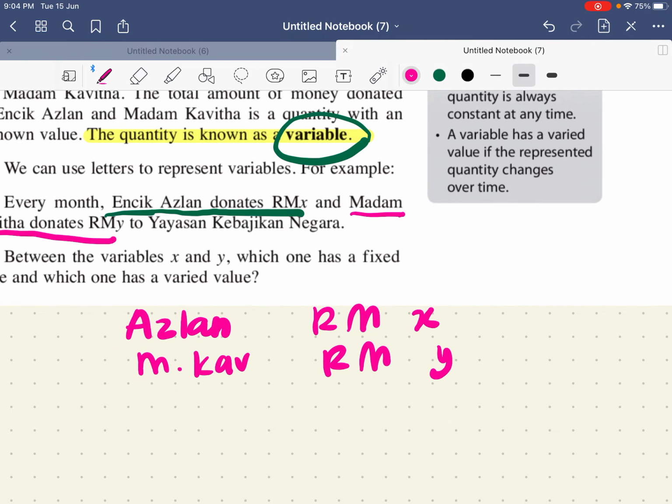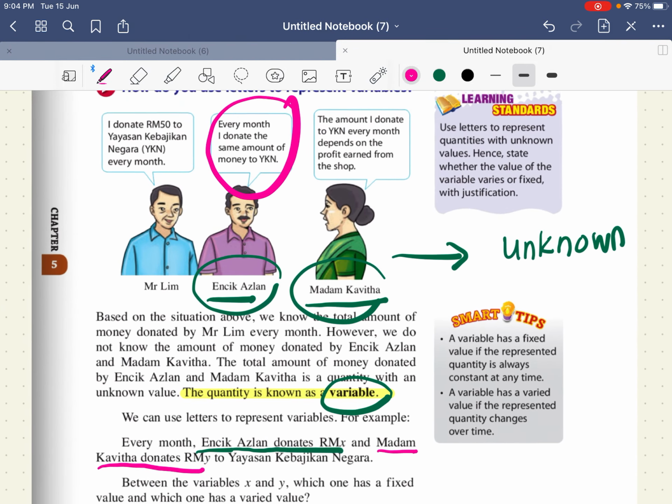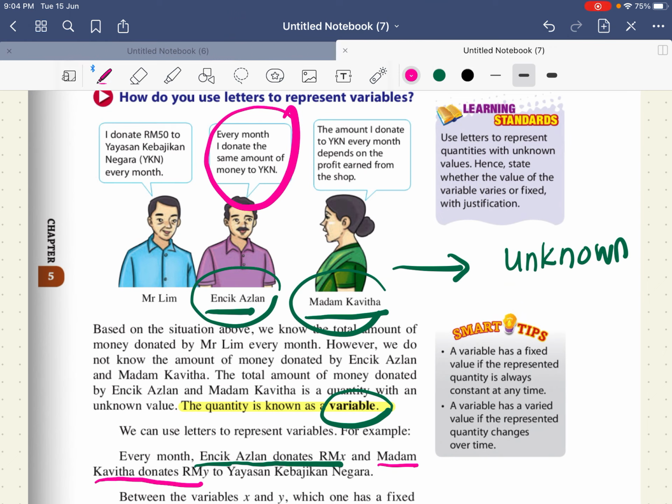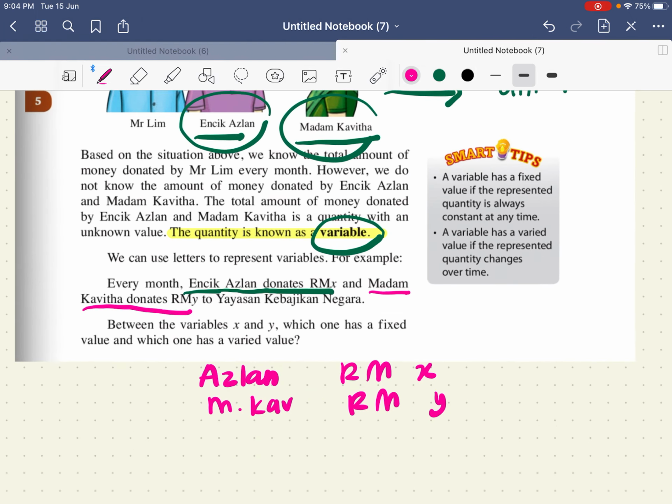Why does it use this? Because we don't know. Unless Encik Azlan said every month I spend RM100, then we know the value is 100. Now we don't know. Madam Kavita too, we don't know, because she said it depends on the profit she earns. Profit means keuntungan. It depends on the profit of her shop. So we don't know how much her shop's profit is.